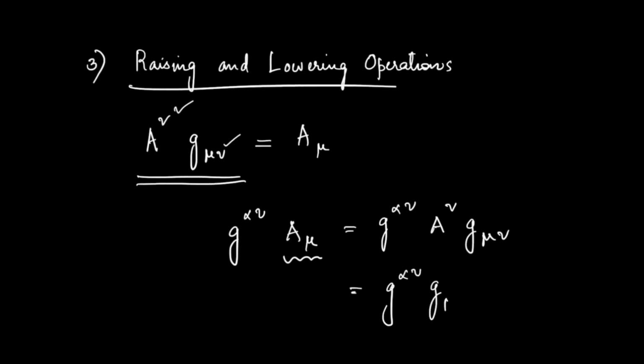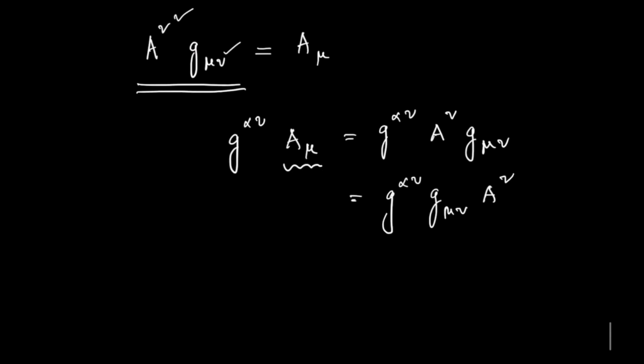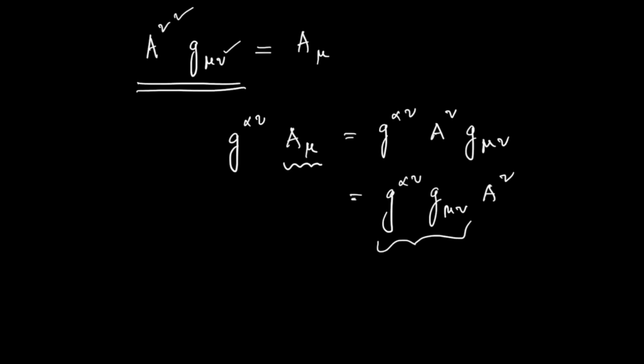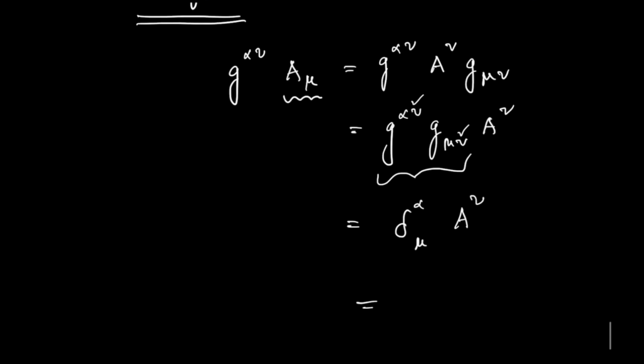So I can write G mu nu first and then A nu. Then you can see here there is nu and nu. Therefore, this will be the fundamental unit tensor multiplied by A nu. So unit tensor means alpha equal to nu, this will be 1. Therefore, A nu.